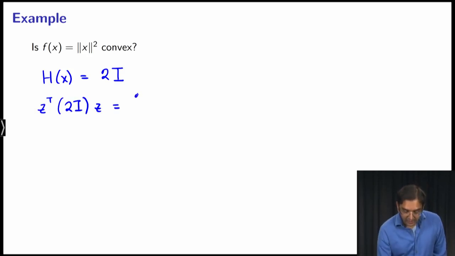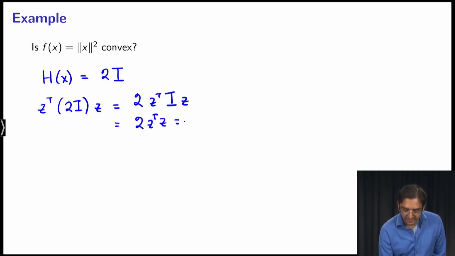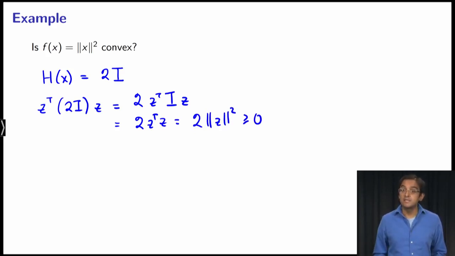We can pull the two out, and we get Z transpose times the identity times Z. The identity times Z is just Z. So this is twice Z transpose Z, which is twice the length of Z squared, which is greater than or equal to 0. So this is positive semi-definite.